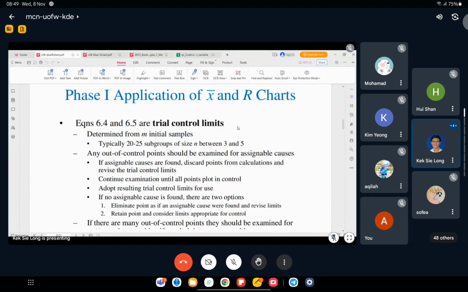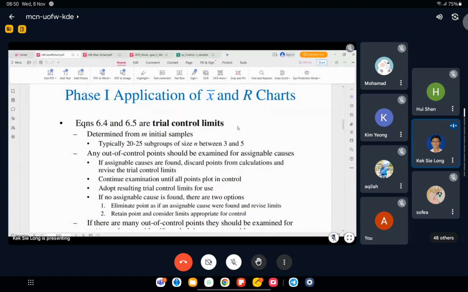Of course, we have mentioned 20 to 25 subgroups of size n between 3 and 5. When the first time we notice that it is not out of control, maybe we need not do any checking. But if we want to take more, let's say after 20 or 25 subgroups I want to take another 25, yes, we can observe.